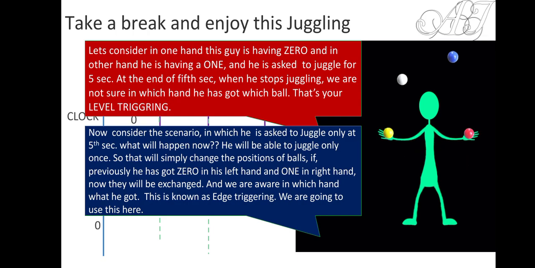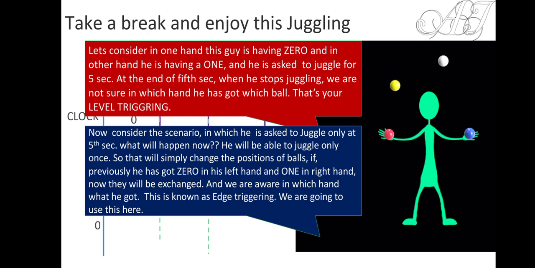Okay, now consider the second scenario in which I have told this guy to just hold the ball in one hand, just have 0, and in the other hand just have 1. Okay, and at the 5th second only you have to juggle the balls. So if he will juggle the balls at the 5th second, then he will be able to juggle only once. Okay, and if he is juggling only once, then the arrangement of balls will be reversed only.